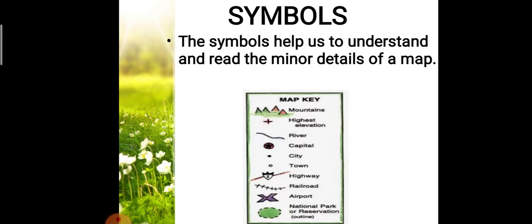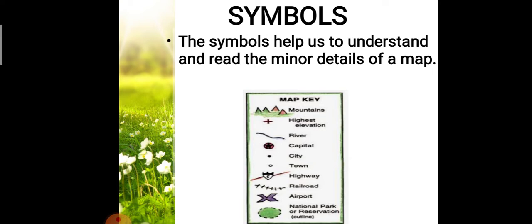First are the symbols. The symbols help us to understand and read the minor details on a map. Here in one picture you can see different pictures which help us to read a map in a more clear way. This is the most important component of a map. It is not possible to draw on a map the actual shape and size of different features like buildings, roads, bridges, trees and railway lines.